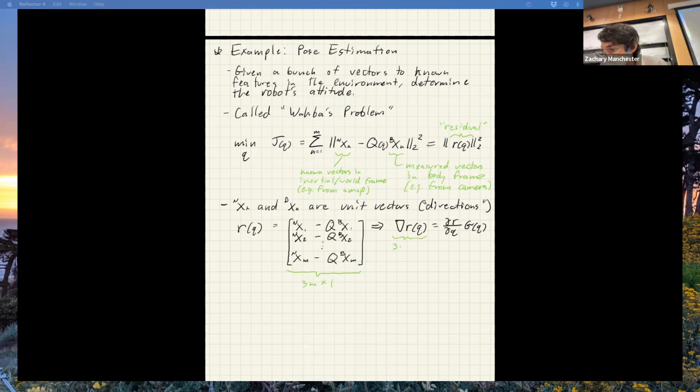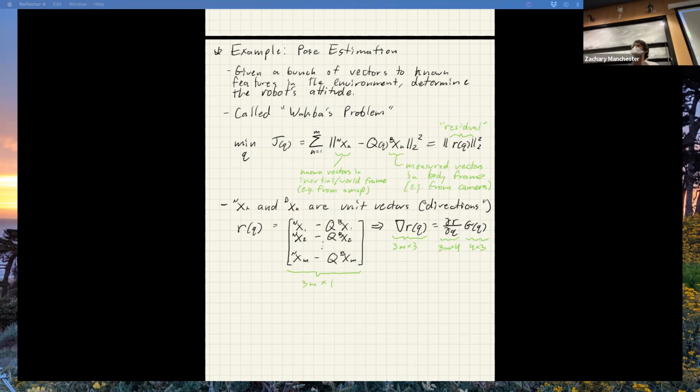This thing is going to be 3m by 3, which is what we want. And this thing is going to be 3m by 4, treating q as a 4D vector. And then this thing is going to be 4 by 3. And so when I sandwich that all together, the dimensions work out. Okay, everyone good so far?